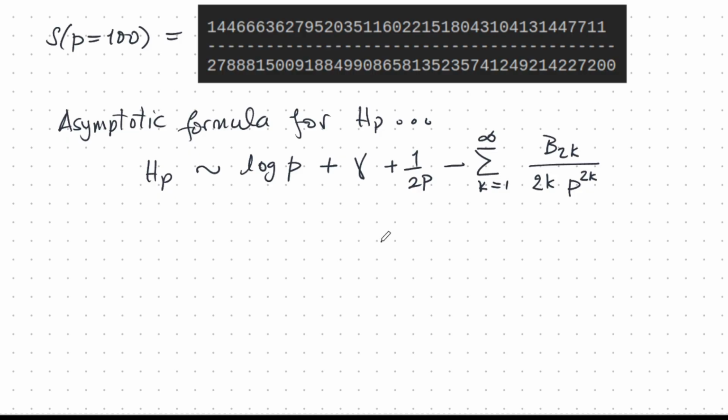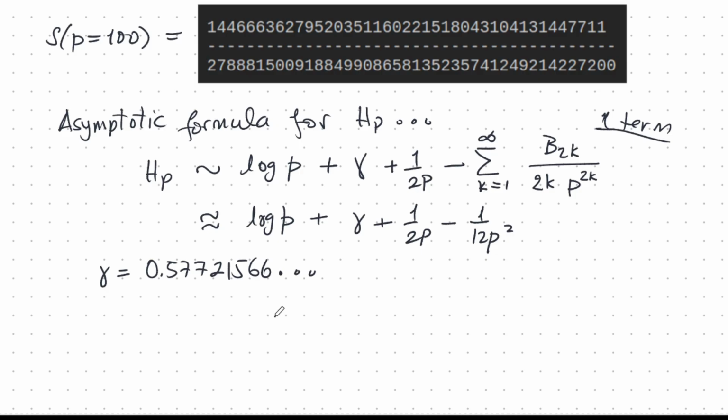And Bernoulli numbers are not exactly easy to work with either. So what I'm going to do is just take one term of this and leave it at that. So I get this with 1 over 12P squared as my last term, and I'm going to ignore everything else. And recall the Euler-Mascheroni constant is 0.577 and so on.